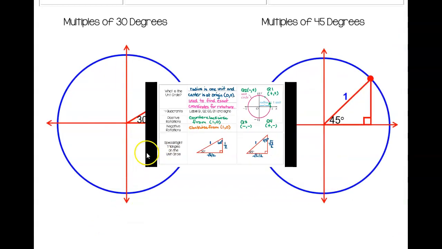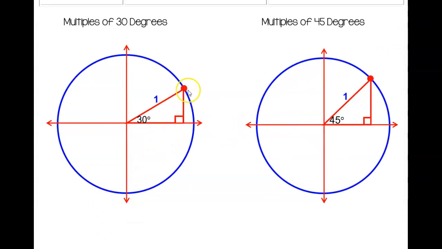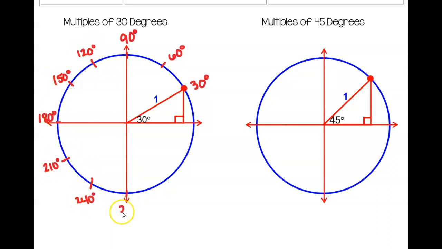All right, so let's take a moment to write out our multiples of 30 degrees. So this would be a 30-degree rotation, 60-degree rotation, 90-degree rotation, and so on around the circle. And then, of course, we're back to a 0-degree rotation, which is once around the circle, or 360 degrees.